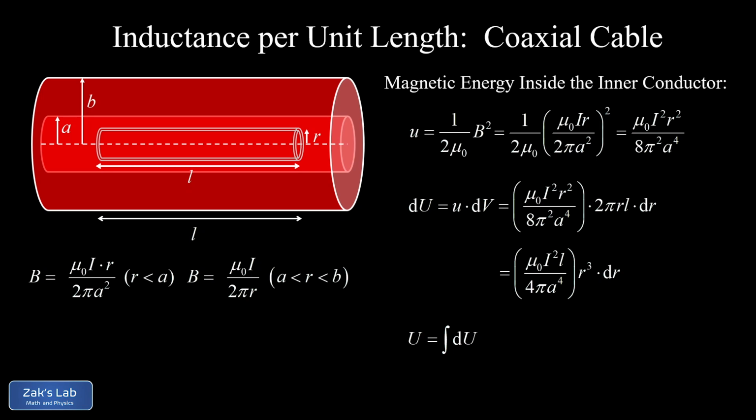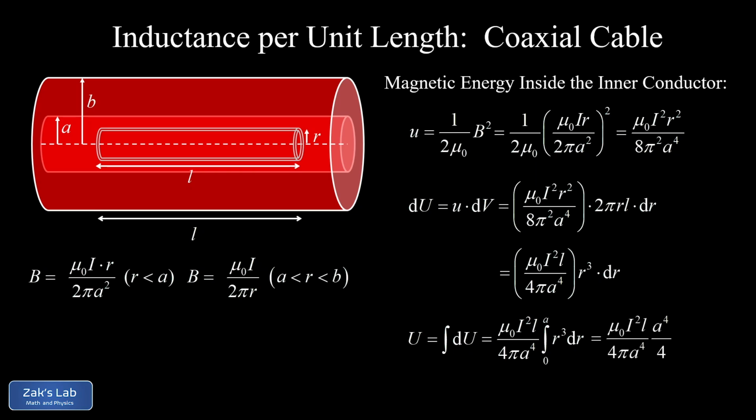So then we sub in the details about dU, and we have to pick some limits of integration here. Well, we're integrating as r goes from 0 to a. And as I write this down, I'm just going to pull all those constants out in front. So now we have mu naught I squared little l over 4 pi a to the 4th times the integral from 0 to a of r cubed dr. Fortunately, this integral is trivial, and it just gives us a 1/4 r to the 4th, which is then 1/4 a to the 4th after evaluating across the limits.